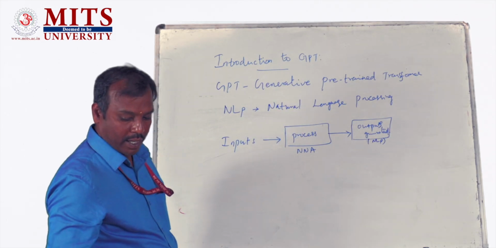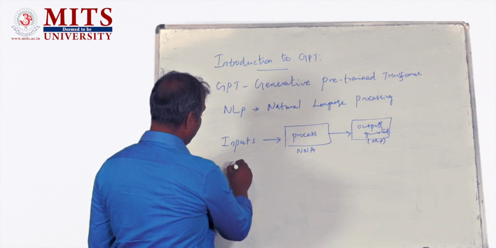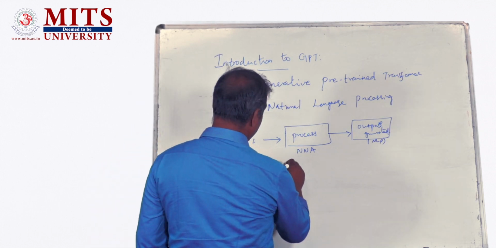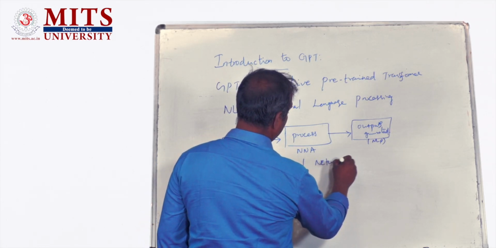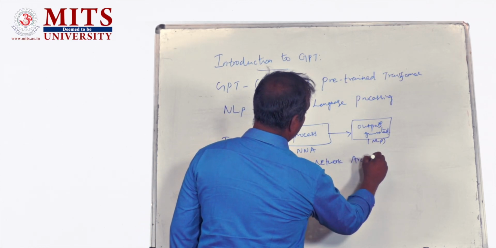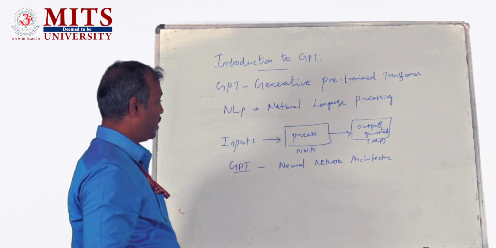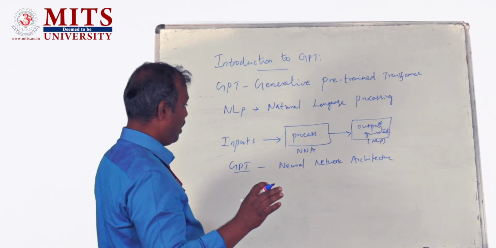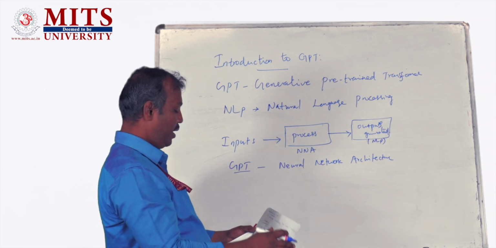Let us see what exactly GPT means. GPT is nothing but neural network architecture. Using this neural network architecture, the patterns are found, the context is identified, and the corresponding results are processed and generated.